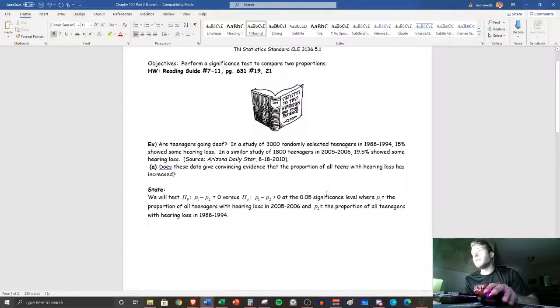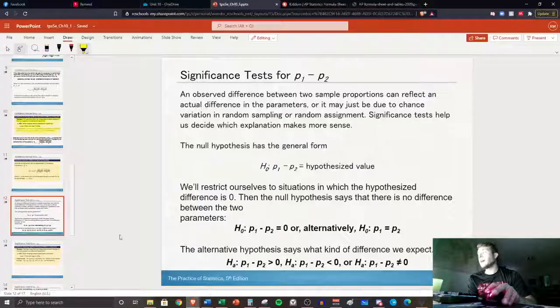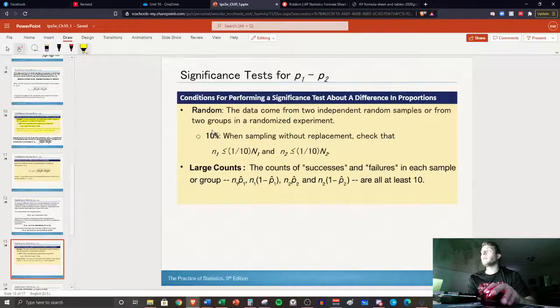At the 0.05 significance level, where p1 is the proportion of teenagers with hearing loss in 2005-2006, so that's the newer one, and the other proportion is hearing loss in the 80s to the 90s there, so that's the older one. So we're trying to see if there is a major difference. All right, so in order for us to be able to do this, we have these conditions that have to be met. It's the same ones, we just wrote them down, so we're going to check the conditions.